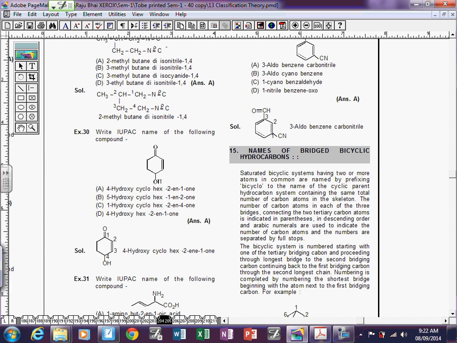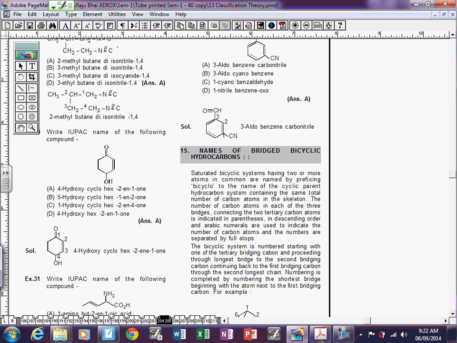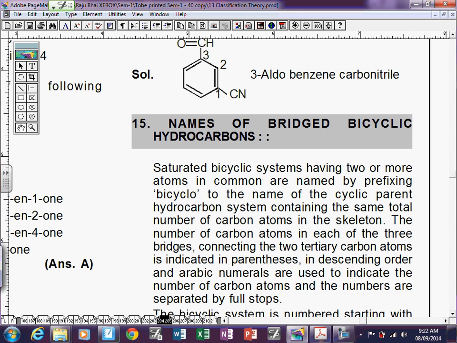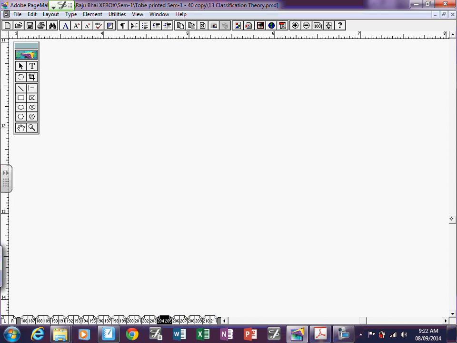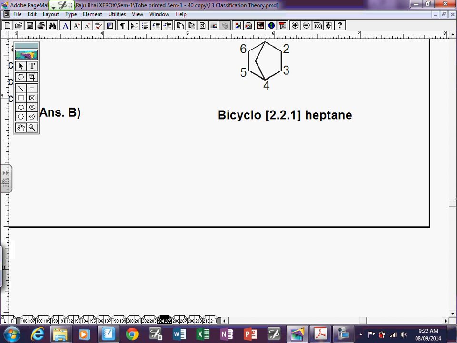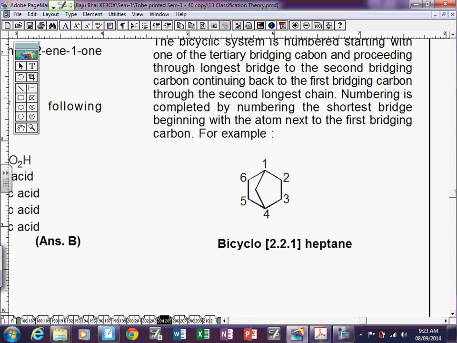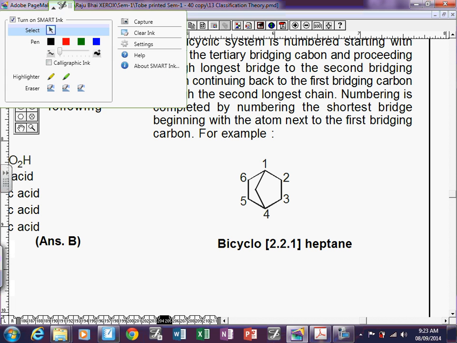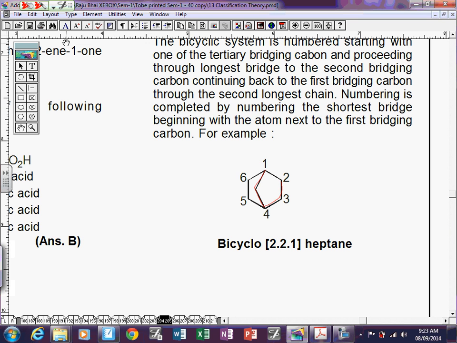Suppose we have a structure like this. It's called bicyclo. You can see there are two cycles out there. Can you notice those two cycles? Okay. That's the one cycle and the second cycle.